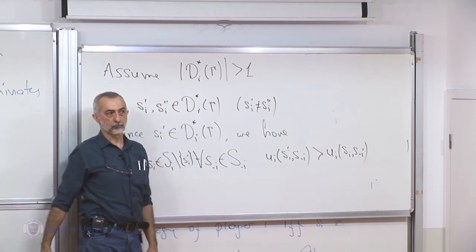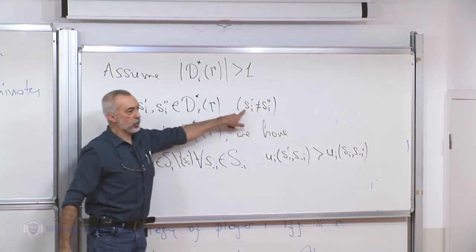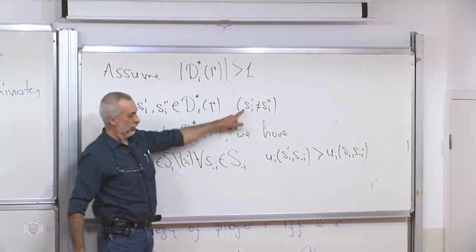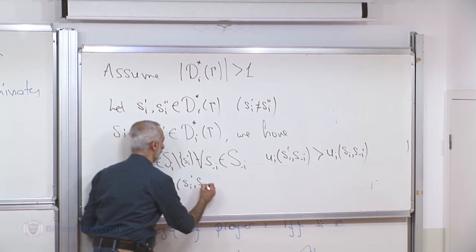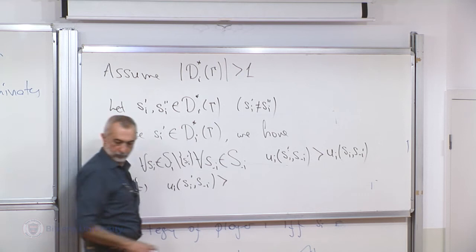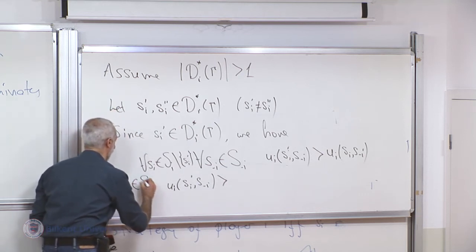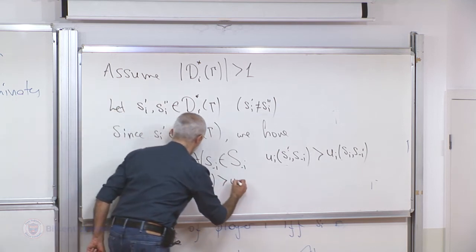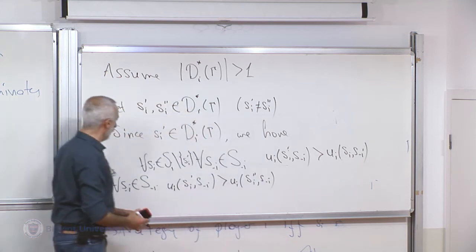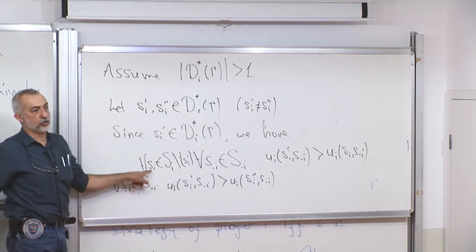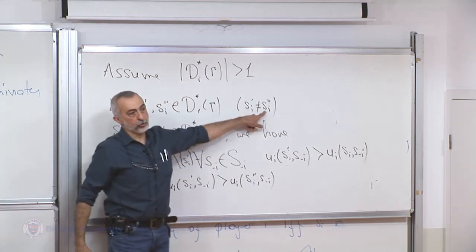But then Si double prime is a strategy of player i different than Si prime. What does that imply? Ui of Si prime, S minus i, for any S minus i, is greater than Ui of Si double prime, S minus i. Since the statement is true for any other strategy of player i different than Si prime, it's also true for Si double prime.